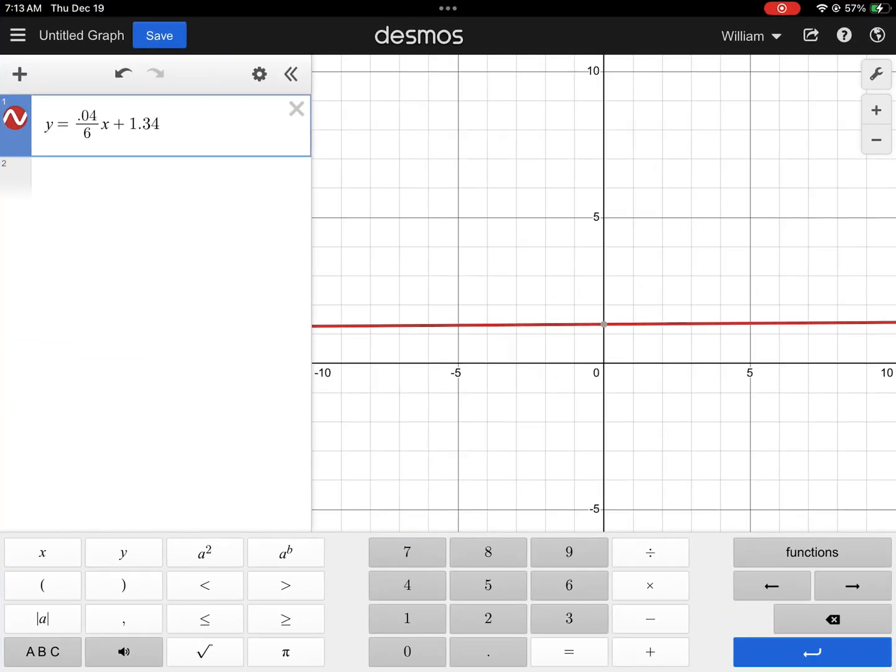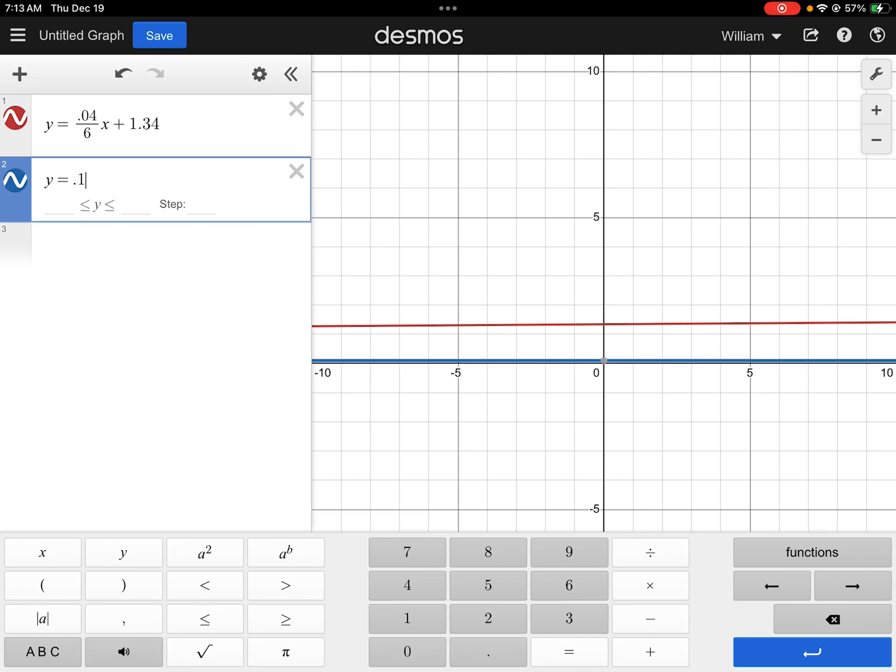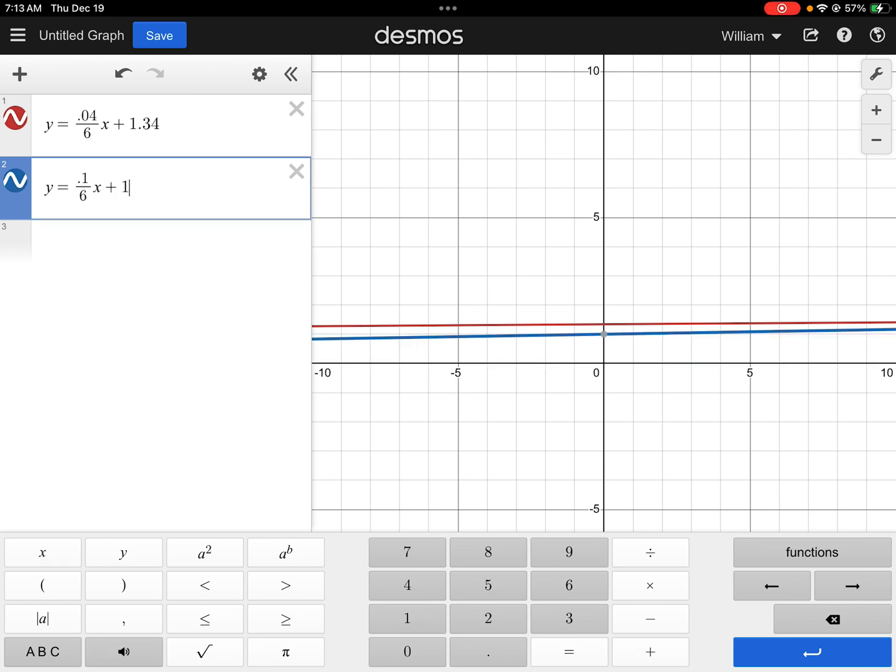Okay, notice we'll probably have to adjust my scale here in a second because it doesn't look like it's going up at all, does it? Then let's do y equals 0.1 divided by 6 x plus 1.19 billion.